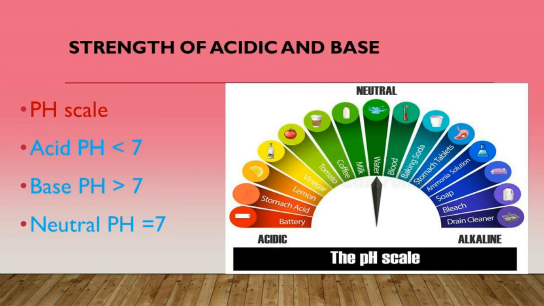If it is in the center, it is called neutral. Acids have pH value less than 7, but bases have greater than 7. In neutral, it will be equal to 7.